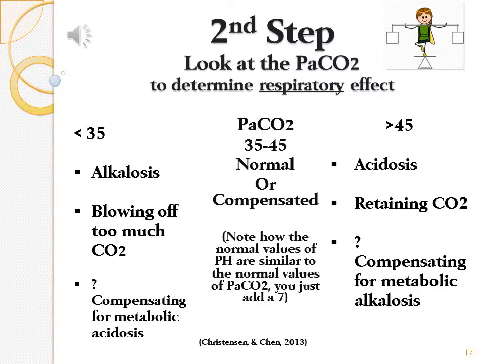If it's less than 35, the patient is alkalotic, which could mean they're blowing off too much CO2, or they're compensating for a metabolic acidosis. If the PaCO2 is greater than 45, they're acidotic, which means they're retaining CO2, or they could be compensating for a metabolic alkalosis.